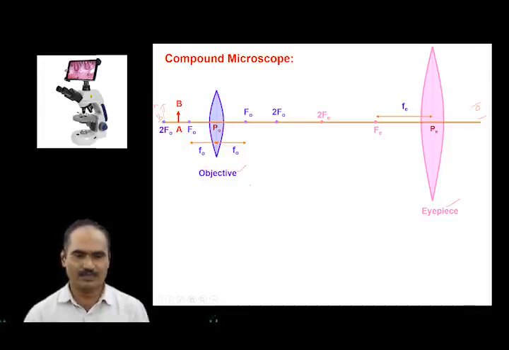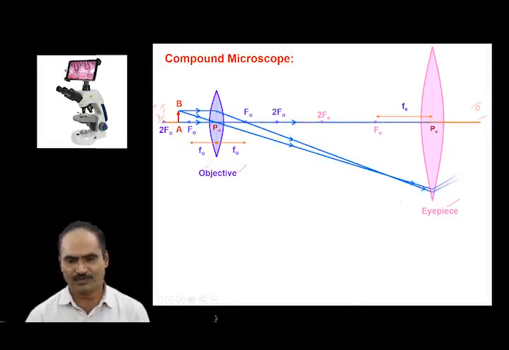In the case of a compound microscope, the object has to be placed between 2f0 and f0, such that it forms a real, inverted and enlarged image. You can see here it forms a real and enlarged image, A dash B dash.